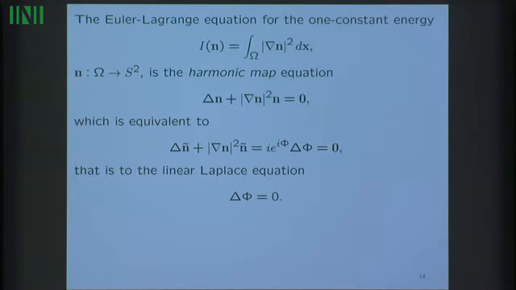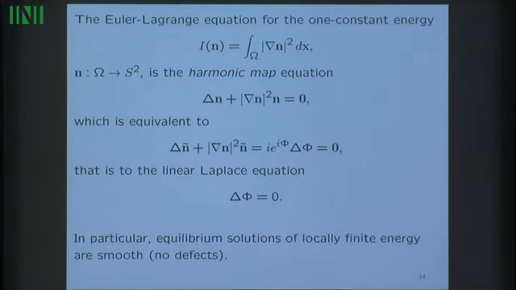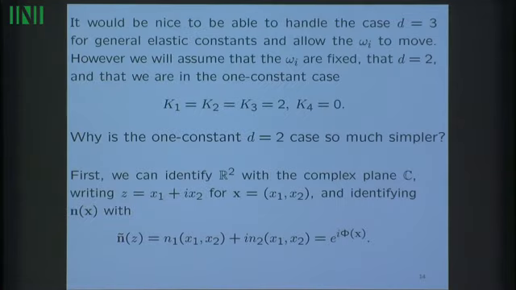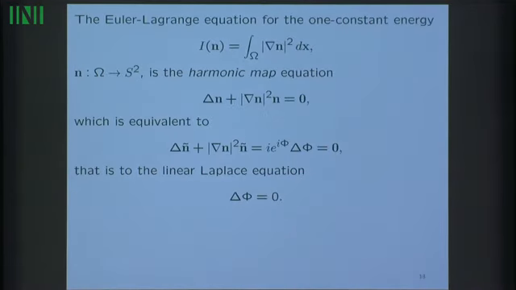Now, the Euler-Lagrange equation for this one constant energy is the harmonic map equation, Laplacian n plus the gradient of n squared times n is 0. And in terms of phi, I was calling the complexified n, n tilde.